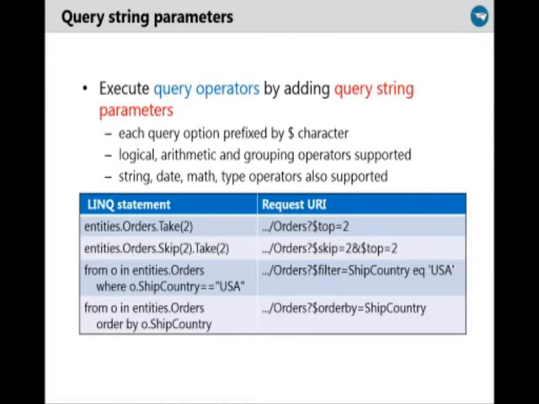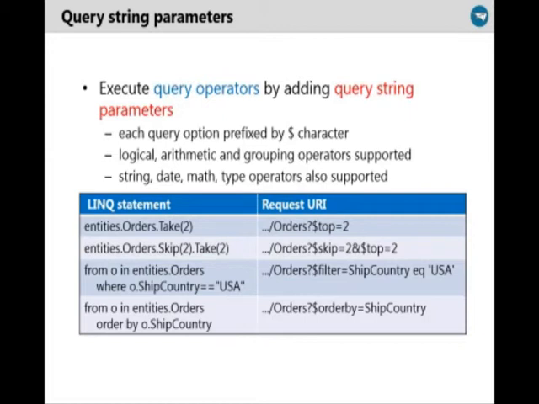Now, what's essentially happening here is the client is probably going to use a client-side library to make this easy, and the client's going to do some sort of link on this collection that they get back. And then when they say execute, the data context on the client side is going to create a URI.